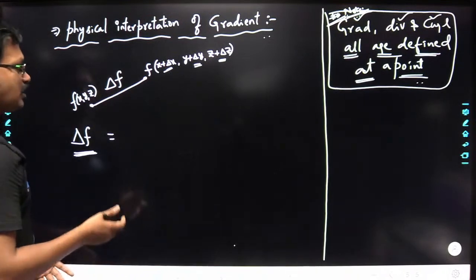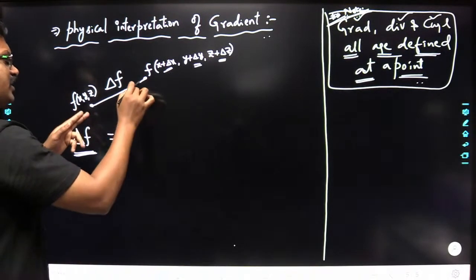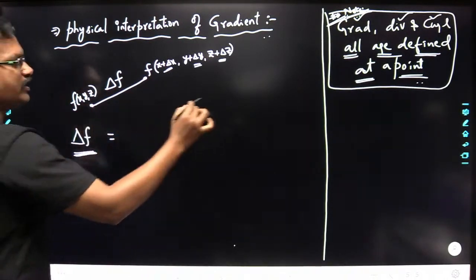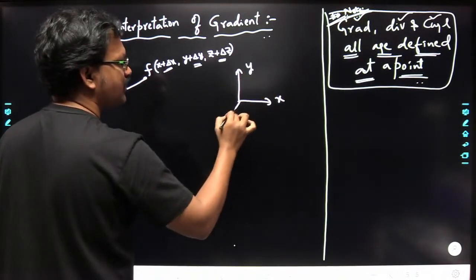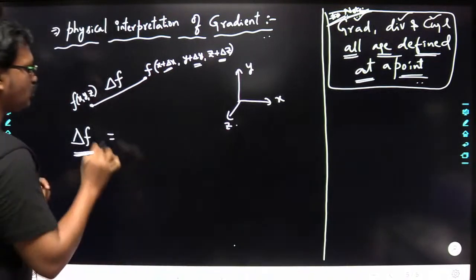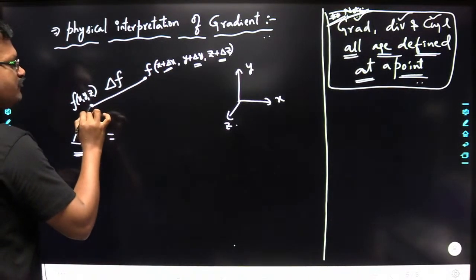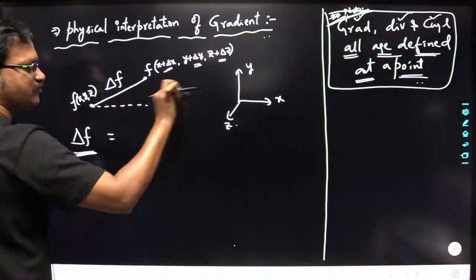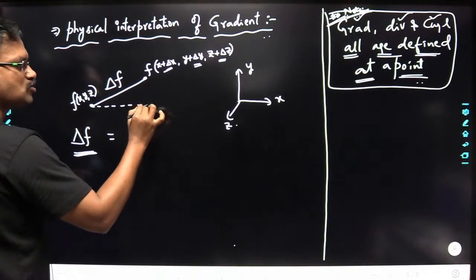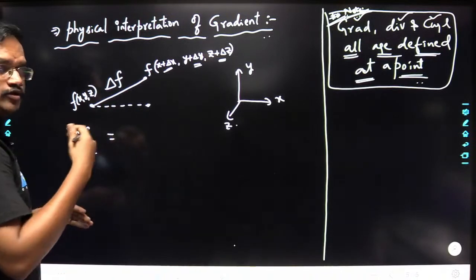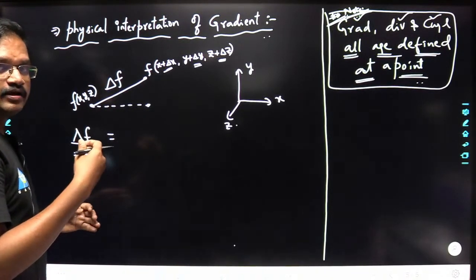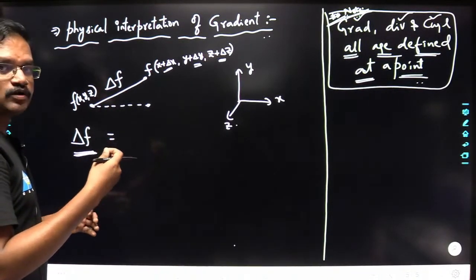Okay. See, this is the function now. Let us say this is the x axis, let us assume this is the y axis, and let us assume this is the z axis here. From this point, if I move along the x direction, the function will change only with respect to x.